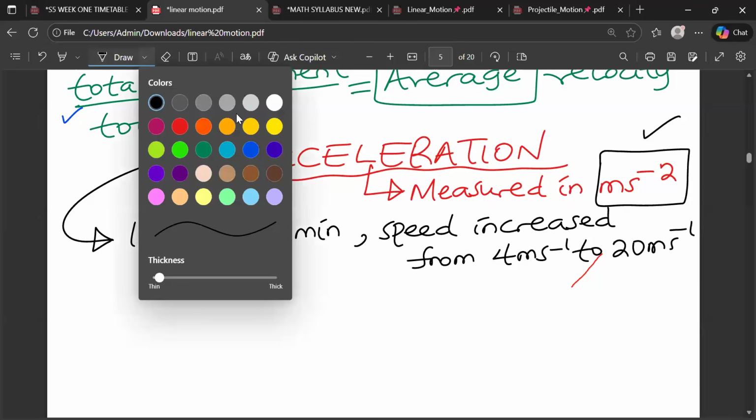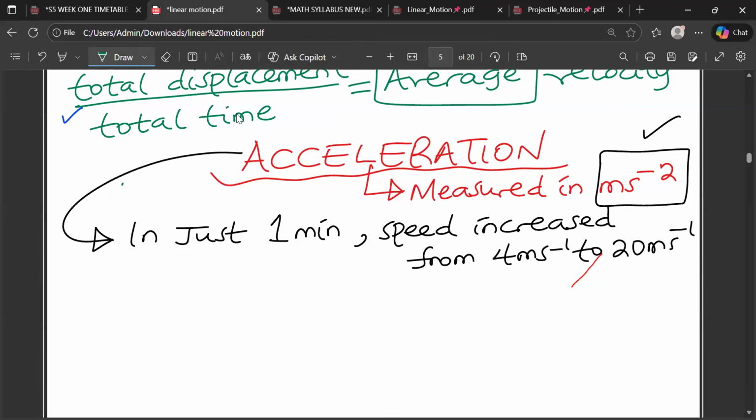Especially, there is that thing of saying positive and negative acceleration. But negative acceleration is what they call deceleration, and we don't need that. So for you to say that the body is accelerating, or it's having a positive acceleration, you're looking at how its speed is increasing, with respect to time.